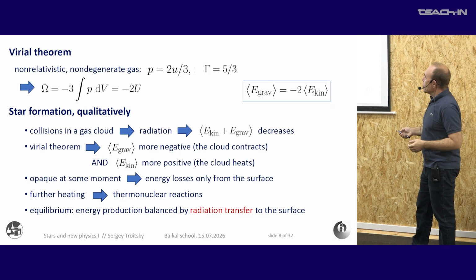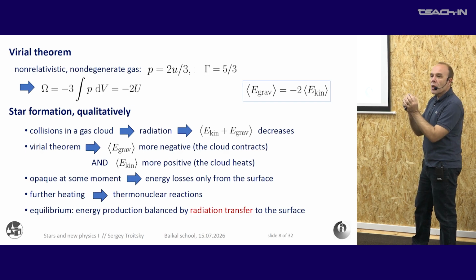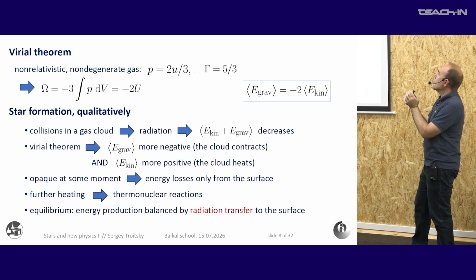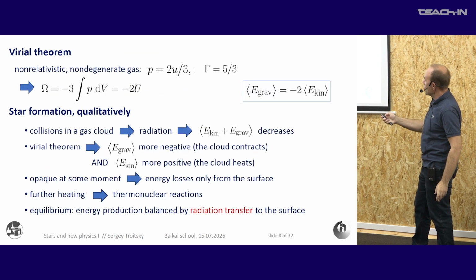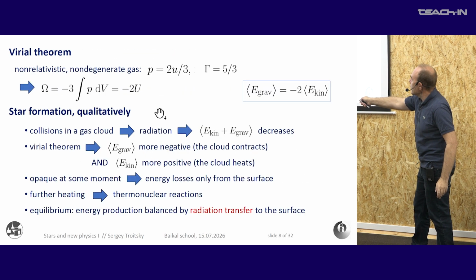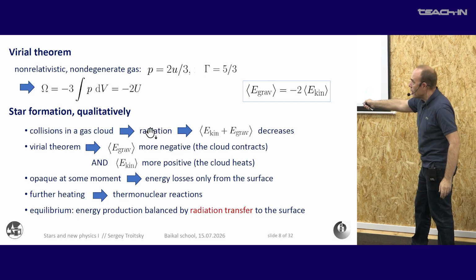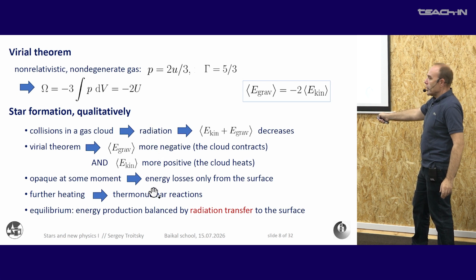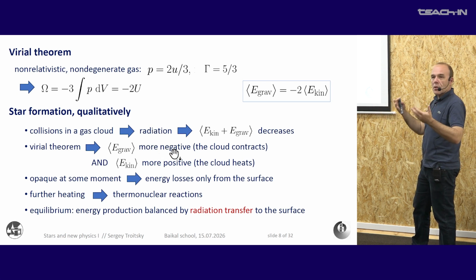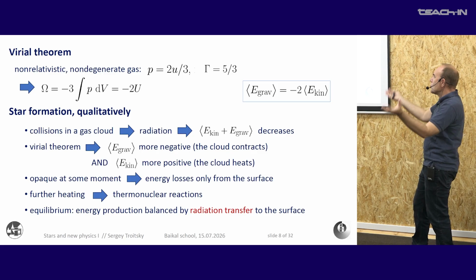And because it contracts, at some moment it becomes so dense that it is opaque for this radiation which brings energy away. At this moment, the energy losses are still there, but only from the surface.